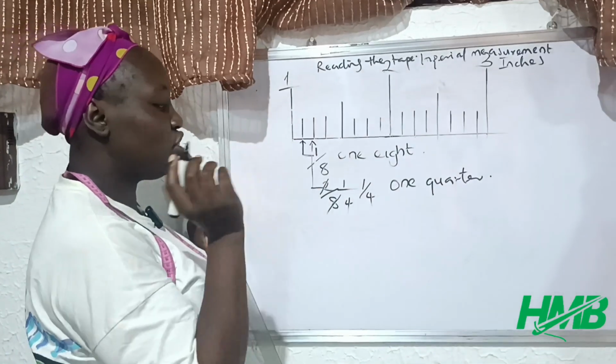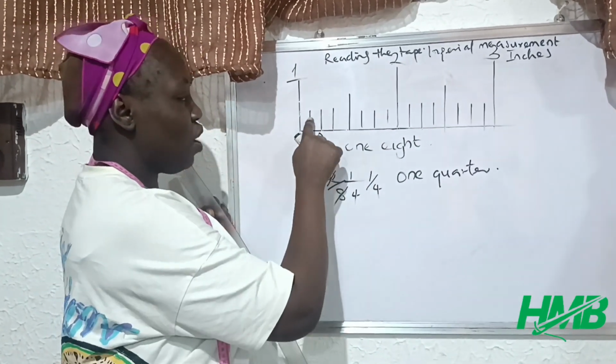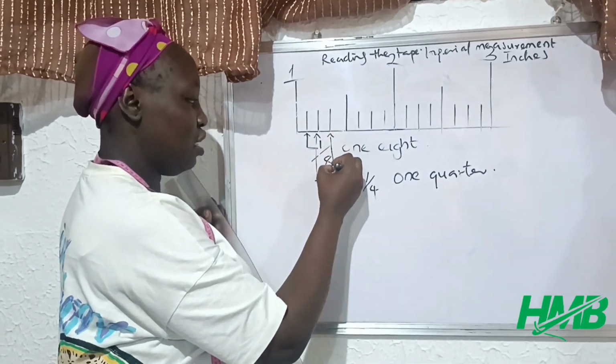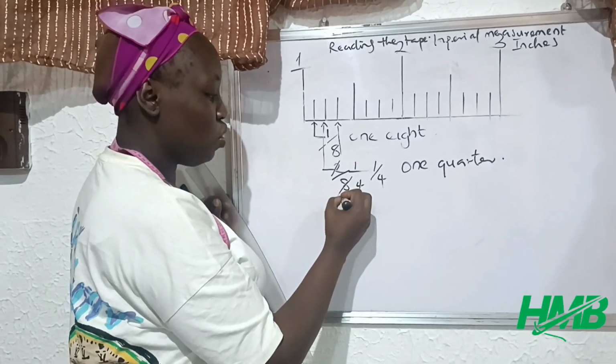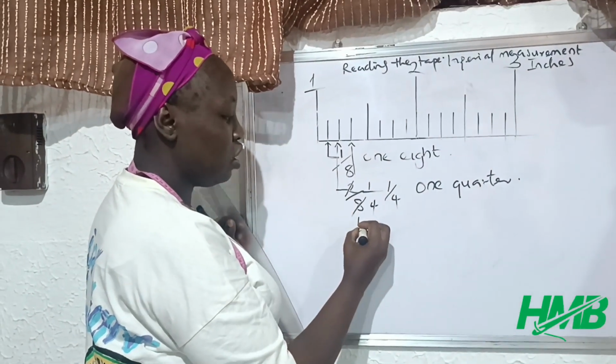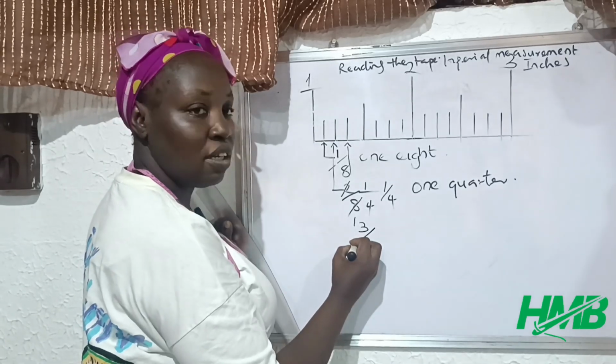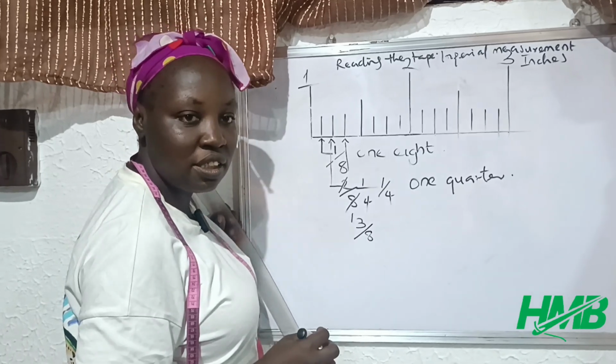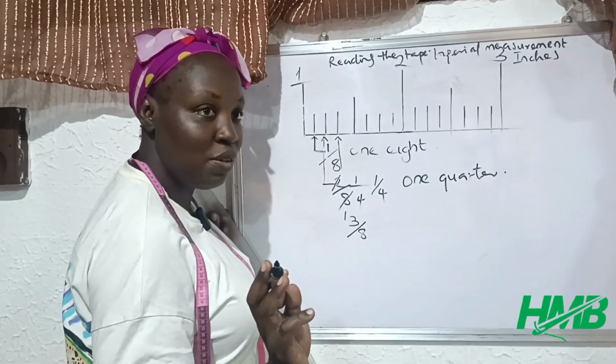So then the third one, we are moving to 1, 2, 3. So number 3 is what? 3 over 8. Can we divide it into anything? No. That's the way it will stand.